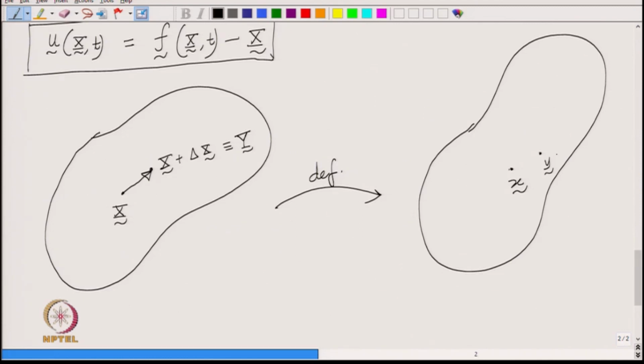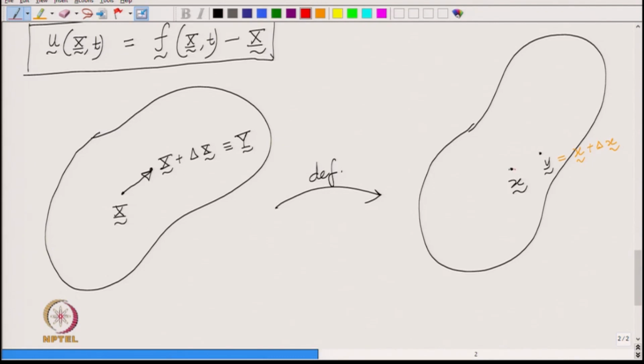And we could say that small y is actually small x plus delta small x, right. Just like big Y is big X plus delta big X, here small y is small x plus delta small x.